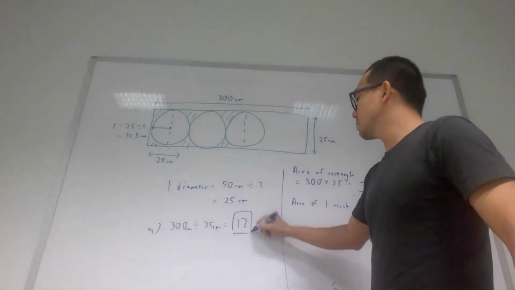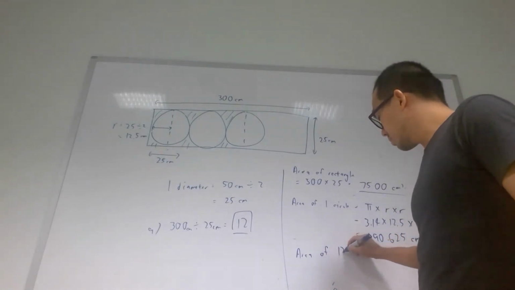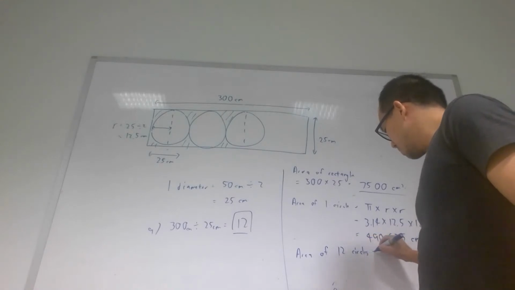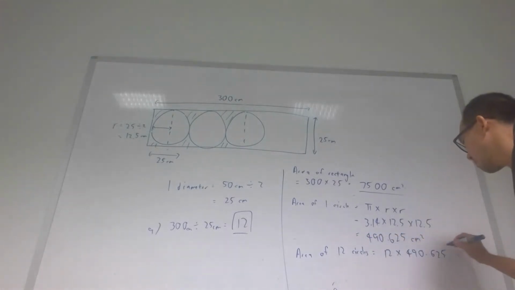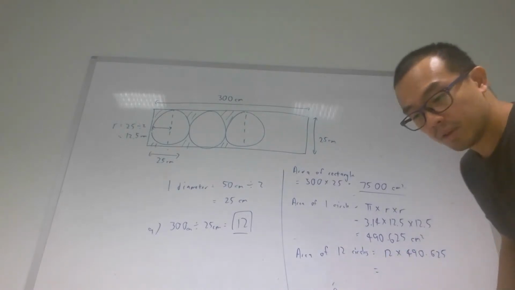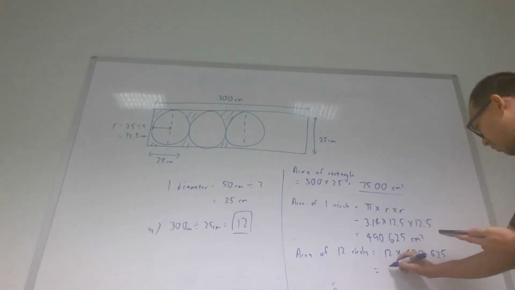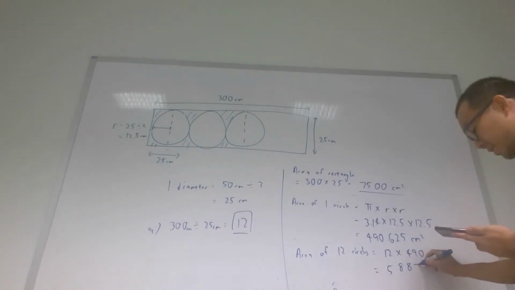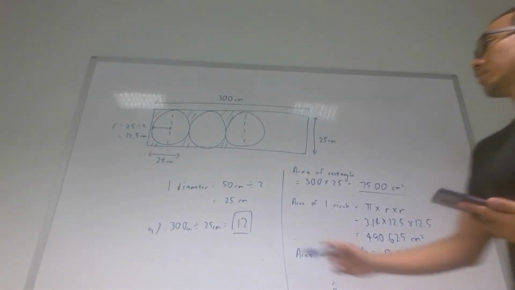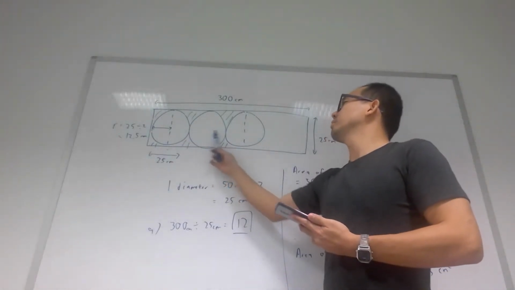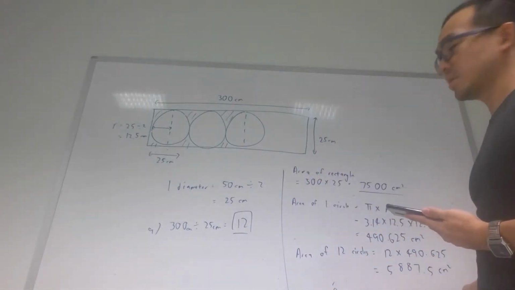But I have 12 circles here. So area of 12 circles equals 12 times 490.625 equals 5887.5 square centimeters. Now, what you have done is you have found out the area of these 12 circles, and that is 5887.5 square centimeters.